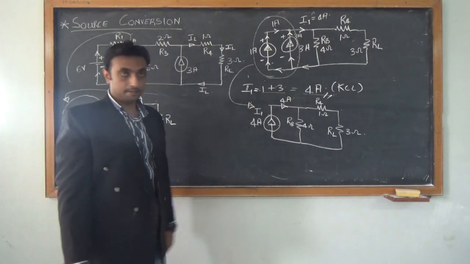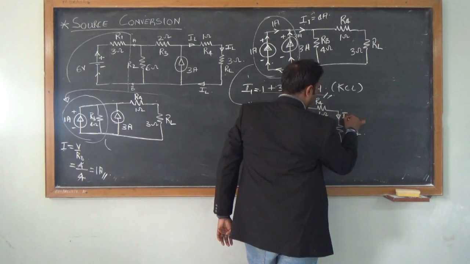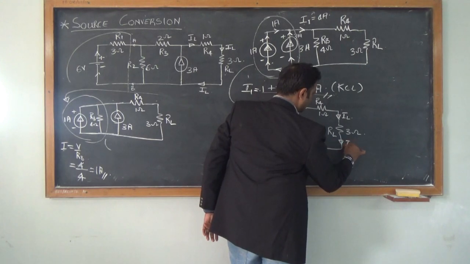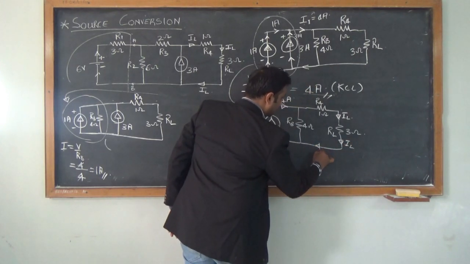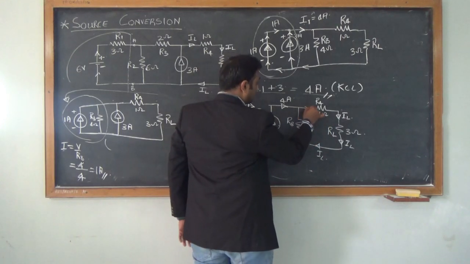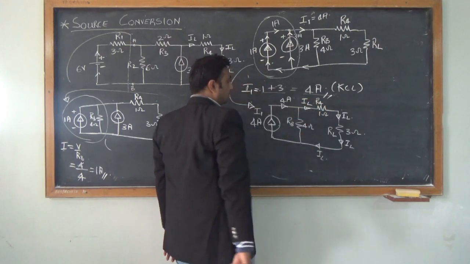Now once this is done, if I want to find out the current IL flowing in this resistor, what will be the current here? Here also it will be IL. Here also it will be IL. Now these two resistors are in series. So the current flowing in this resistor R4 will also be equal to IL.